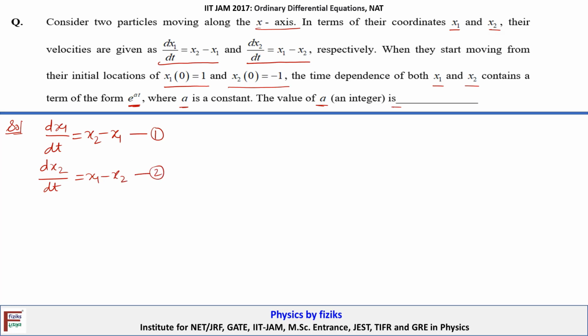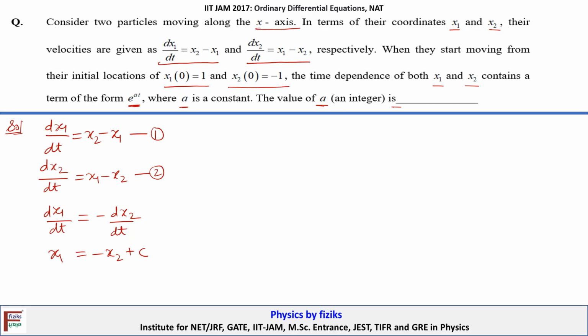Now, on observing equation 1 and equation 2, we can write dx1 by dt is equal to minus dx2 by dt, and on integrating this, we can write x1 is equal to minus x2 plus c, and of course x1 and x2 are functions of time.